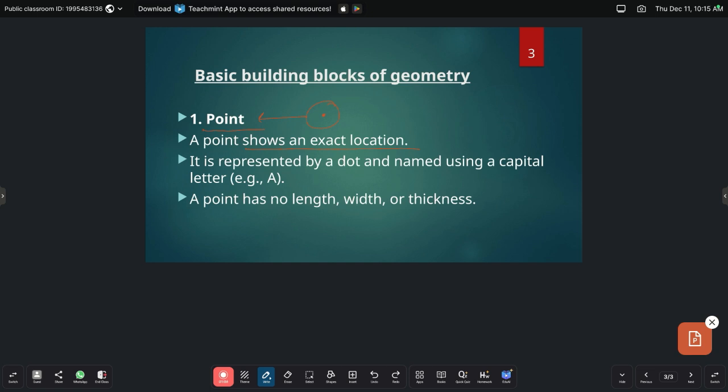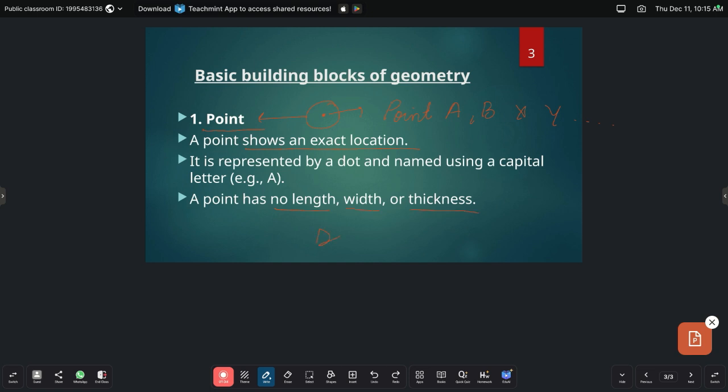It is always represented as a dot and it's named using a capital letter. Suppose this dot can be named as point A, B, X, Y, etc. Boys, this point has no length, no width and no thickness.